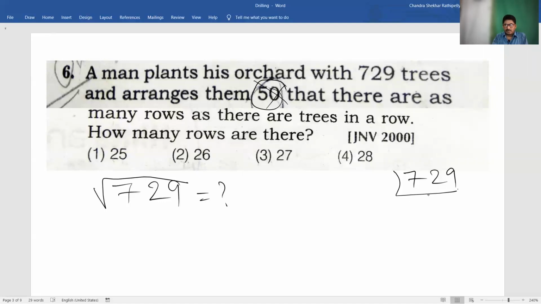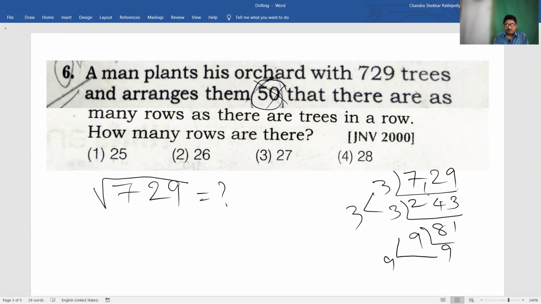You know, children, 3 2s are 6, 3 4s are 12, 3 3s are 9, 3 8s are 24, 3 1s are 3. So 9 9s are 81, 3 9s are 27. So what is the answer? 27 is the answer, option 3.